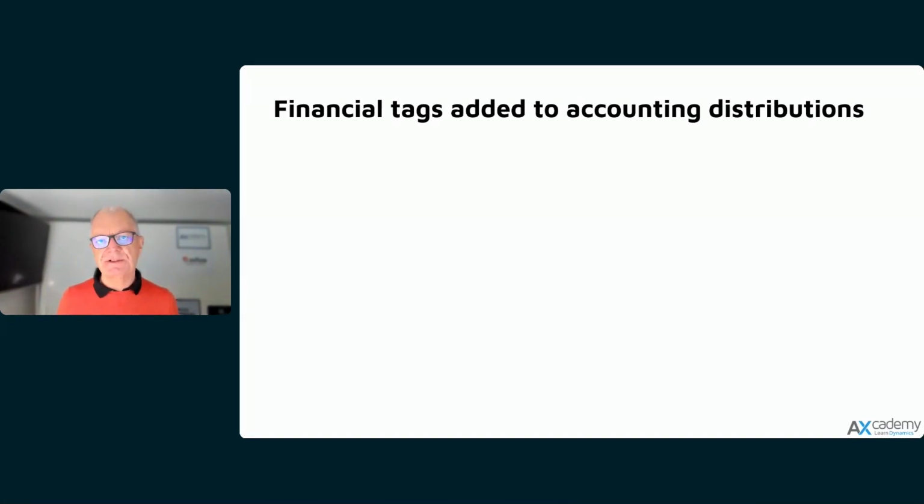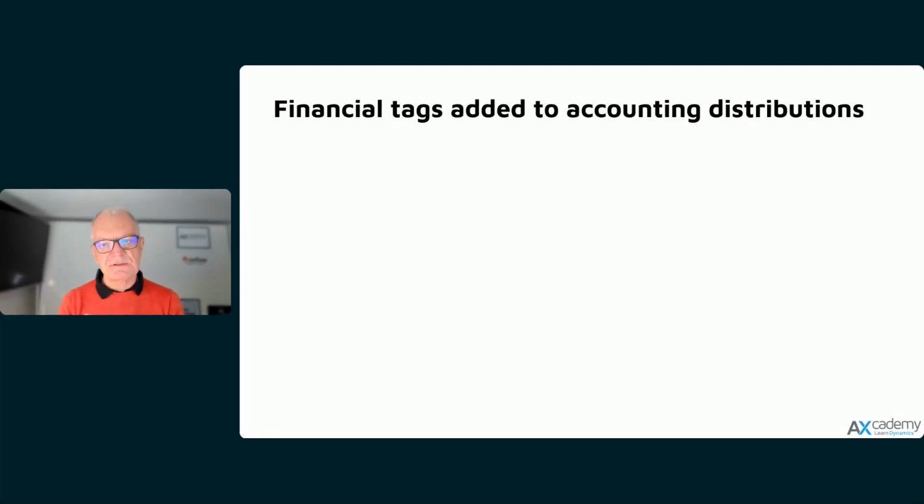So now this can be added to accounting distribution like we do it on invoices, free text invoices, and so on. So now I can add those, instead of just having the accounting distribution across main accounts, financial dimensions with a percentage of fixed amounts or whatever. Now I can also do it on financial tags in here.